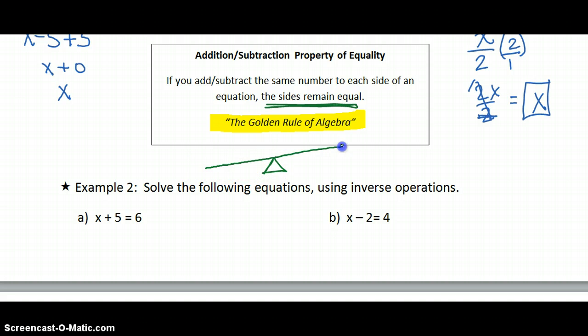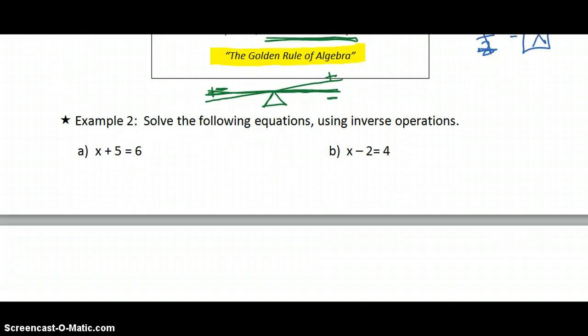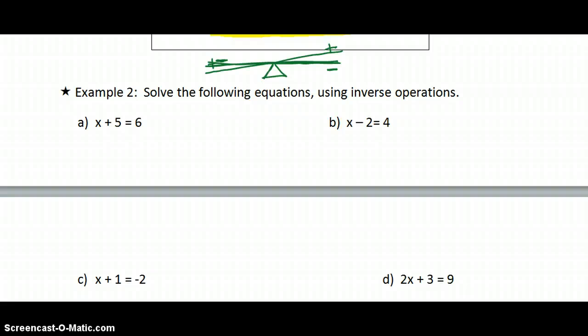If we want to keep them balanced, if I've added something here, then I must add it over here in order to balance out the teeter-totter, to keep everything even. If I subtract something over here, then you must subtract from the other side to keep it even or equal or balanced.